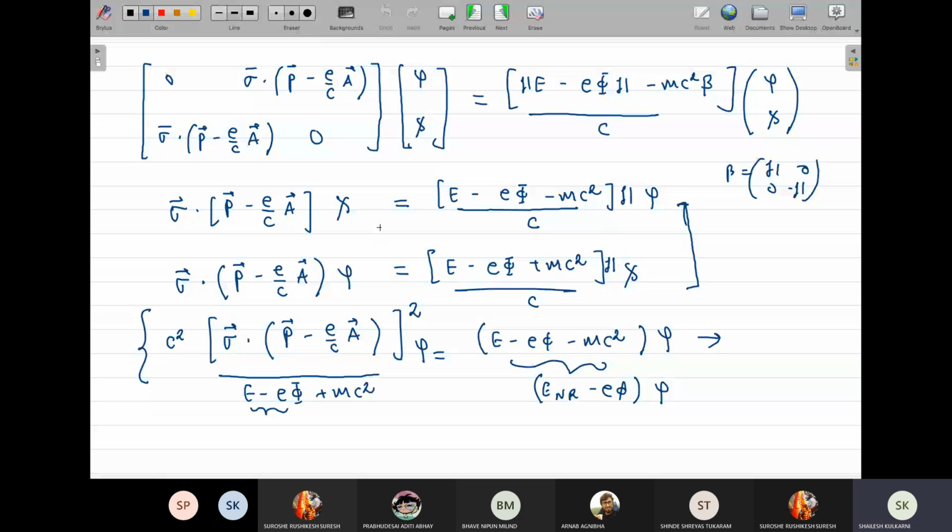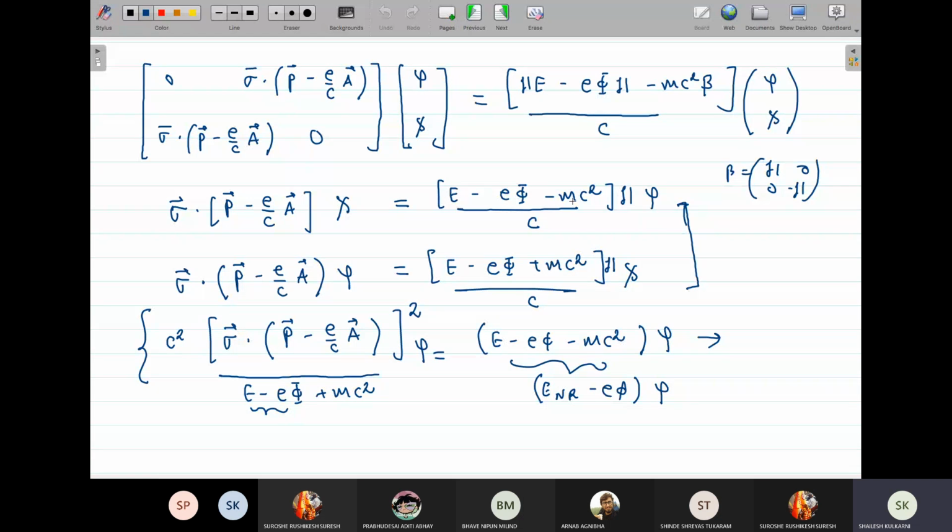But you see, there is a difference between phi and chi. In the non-relativistic limit, chi will have a relative suppression factor compared to phi, and that factor is basically of the order of v squared by c squared.